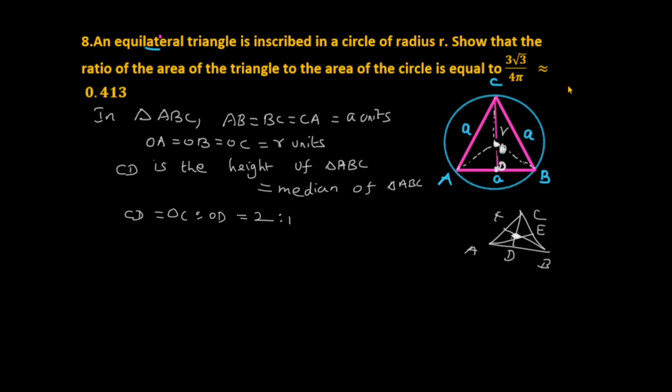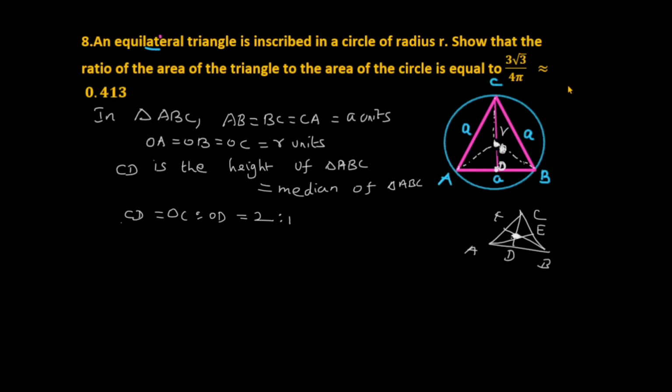When a triangle is inscribed in a circle, that circle's center is nothing but the centroid. So it will divide the height into 2:1. Our CD is divided by OC and OD in the ratio 2:1.